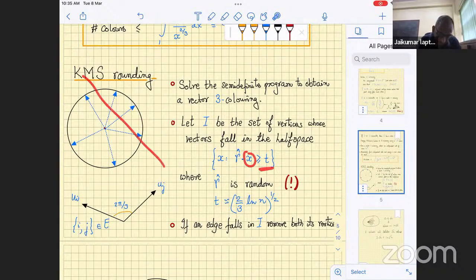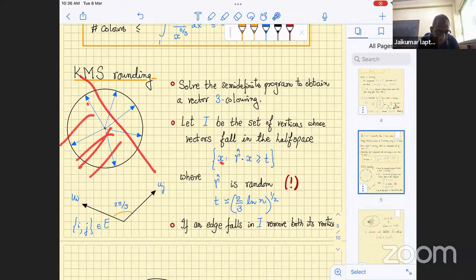So consider all those points which are on this side, and some of your vectors do produce large dot products with this vector. Those vectors, those vertices you retain, the other vertices you throw away.